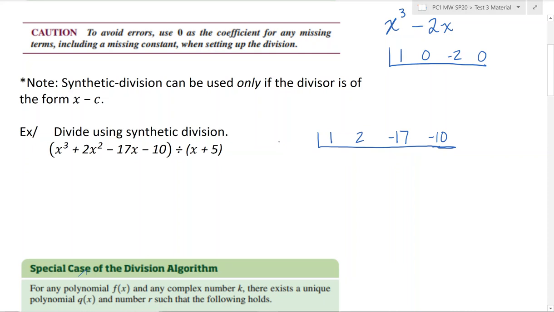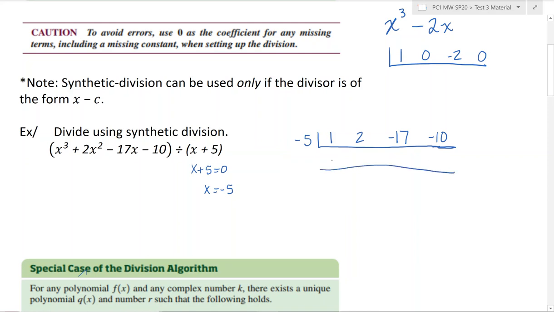We don't on this one. Now we're dividing by x plus 5. What you'll want to do is think of this being set equal to 0 and solve it. So our value we're going to set out front is negative 5. That's the number that we're going to be pushing through this synthetic division process.